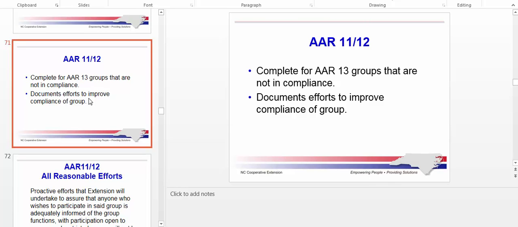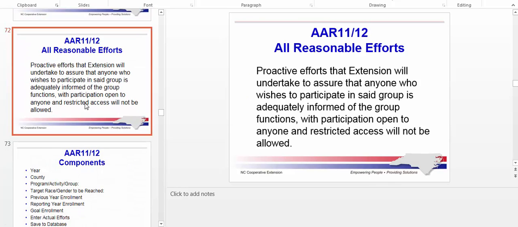11 and 12 document efforts to improve compliance of the group. Includes proactive efforts that Extension will undertake to assure that everyone who wishes to participate in said group is adequately informed of the group functions, with participation open to anyone and restricted access will not be allowed.